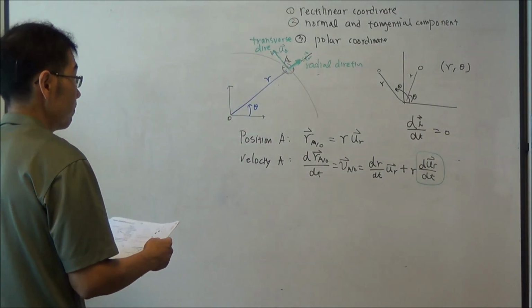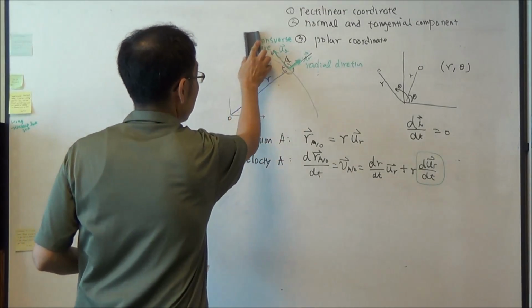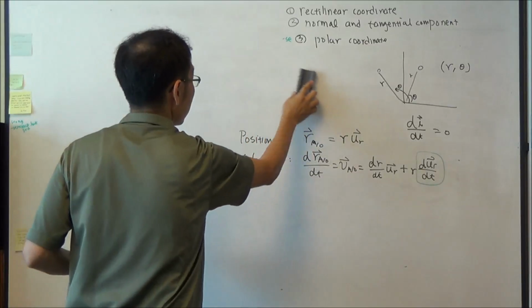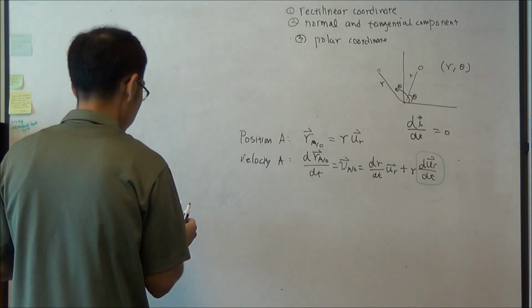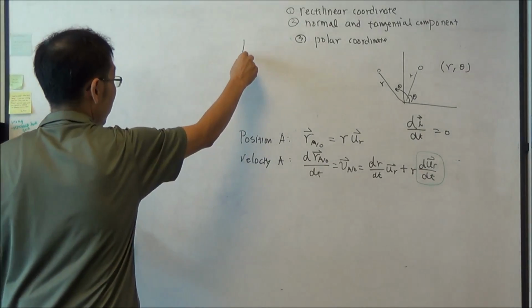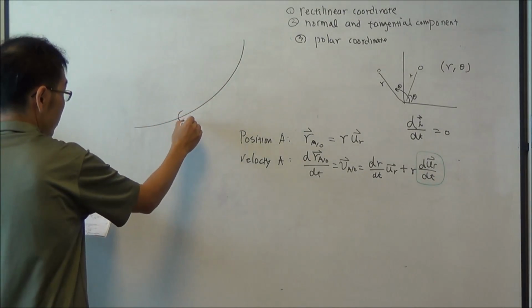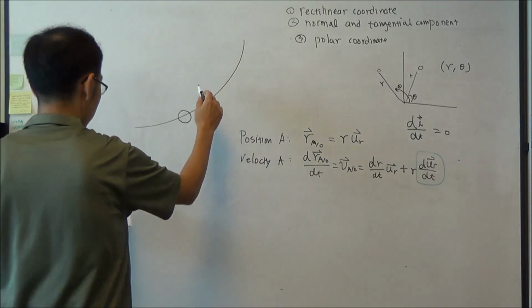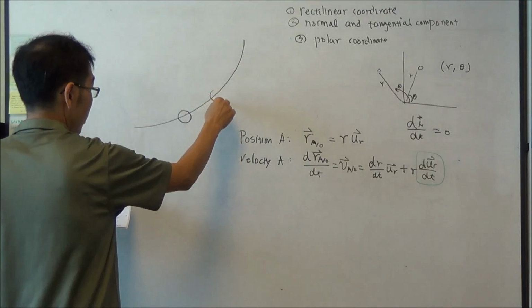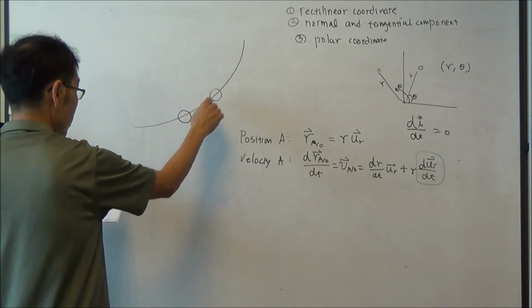Let me just make this a little bit better so that we can use that. So as an example, let's say we have this kind of path, and just imagine that the particle moves along from this position to here.